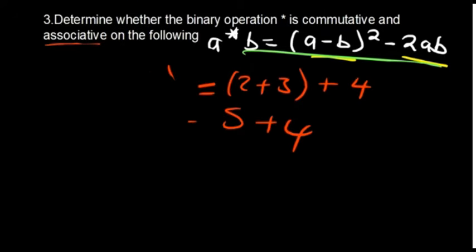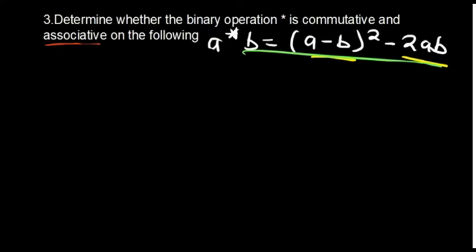In this case, we're going to work with numbers as well, to see what we get. So we can say, how about we have 2 star, then in the brackets 3 star 1, for example.